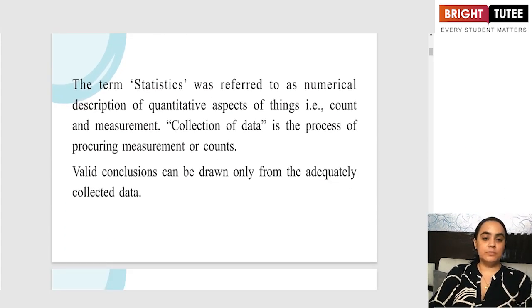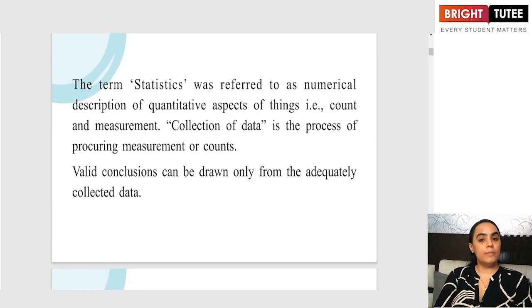He used the term statistics to talk about the numerical description of data, how we can numerically describe the data, and how measurements and the collection process can take place with the help of numbers.